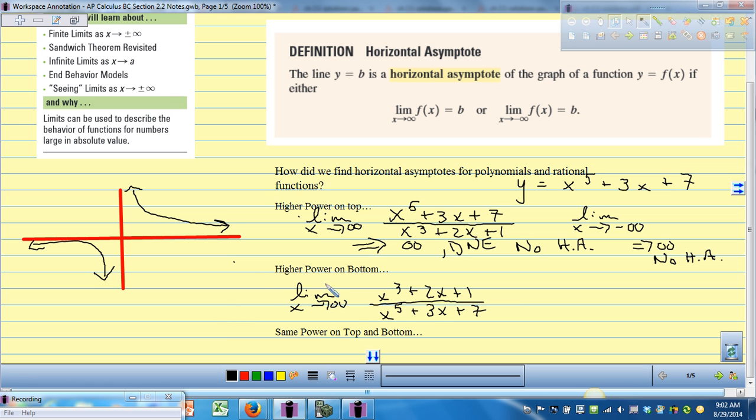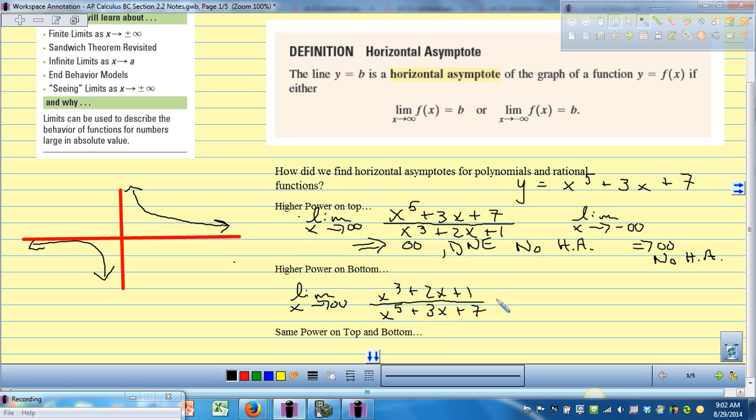And we're really just looking at x to the third over x to the fifth as our model for our end behavior. So not x squared, but 1 over x squared could model our end behavior. All right, and what's going to happen to 1 over x squared as x gets large? What will that approach? 0. It's like 1 over a million, which is really, really tiny, and it goes to 0.